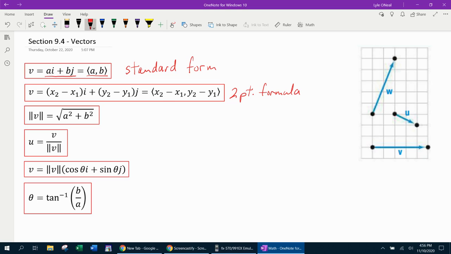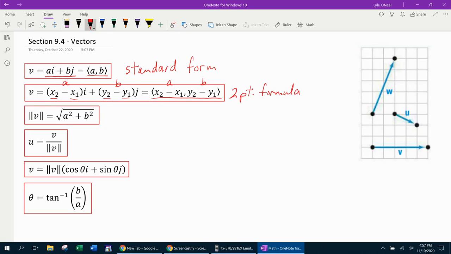To point out what is important, the x2 and the y2, that would be your terminal point, and the x1, y1 would be the initial point. And here order does matter. Also, you're going to notice both notations again. This would be the ai plus bj formula, and this would be ⟨a, b⟩, both notations represented here.